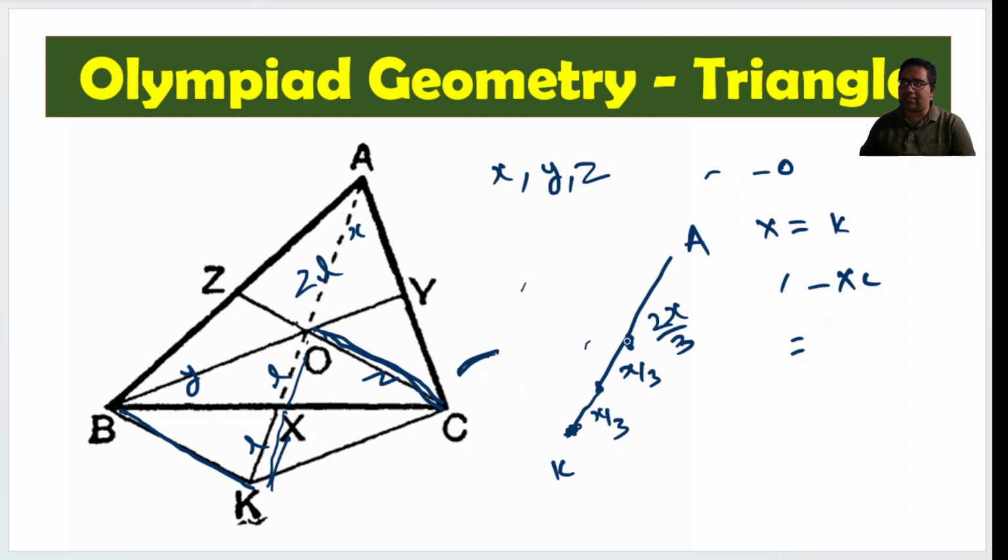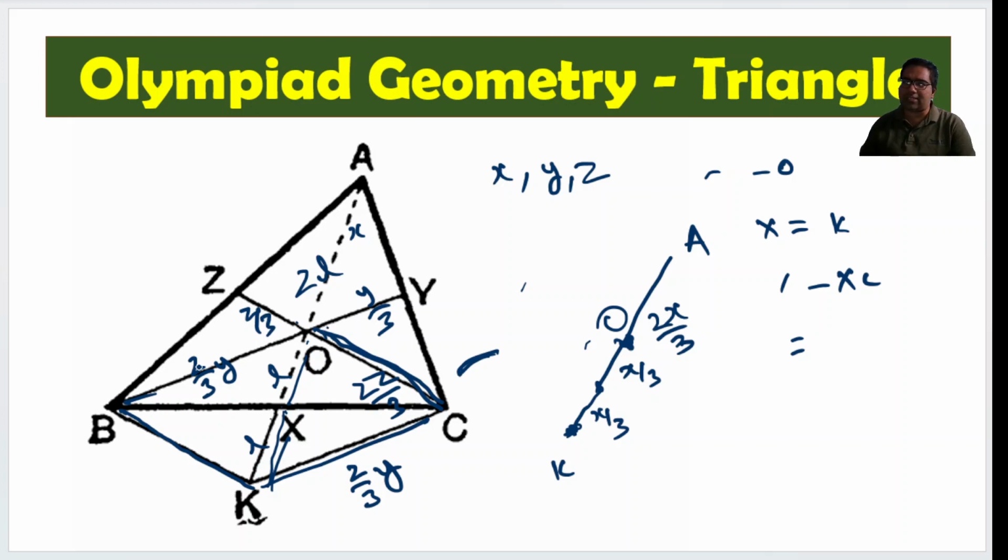Similarly, this is O. From O, this part becomes 2 by 3 y. BO is 2 by 3 y, and OY is y by 3. Similarly, 2z by 3 is OC, and z by 3 is OZ.